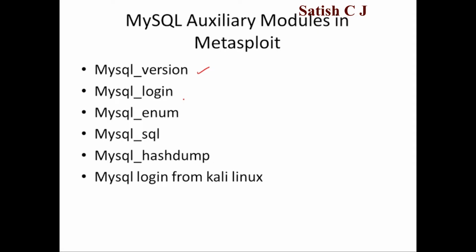Again, I'll be leaving the links in the description below. Just have a look at it. Now these are the modules: MySQL version, MySQL login, enumeration, running MySQL queries on a remote database, dumping the password hashes, and how we can log in from Kali Linux directly into our MySQL database. So this is what we are going to see.